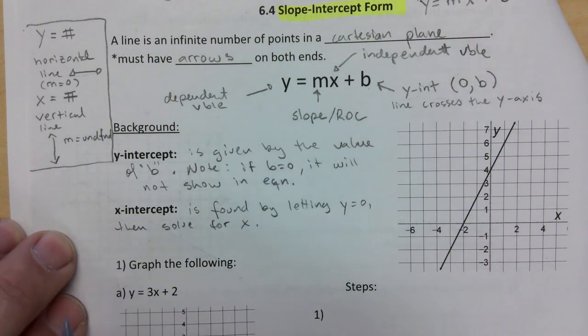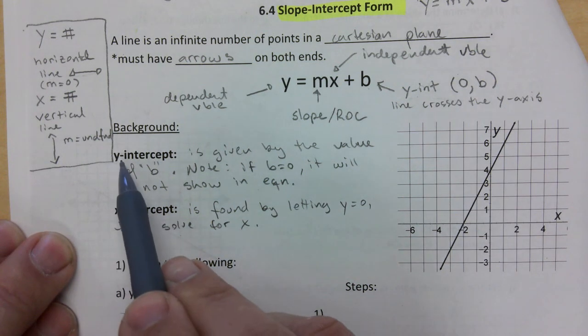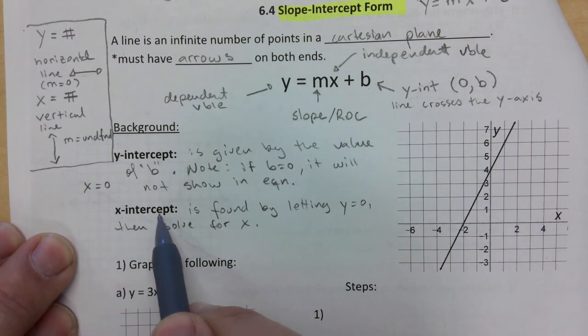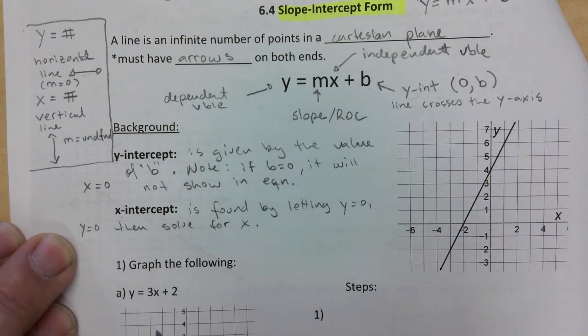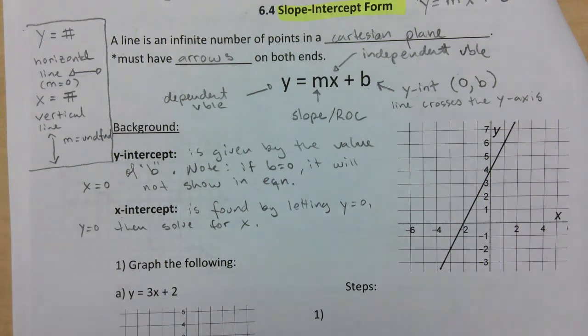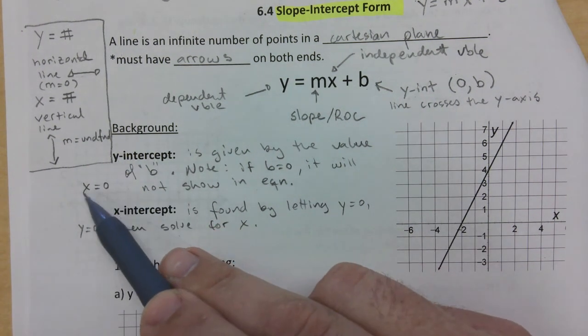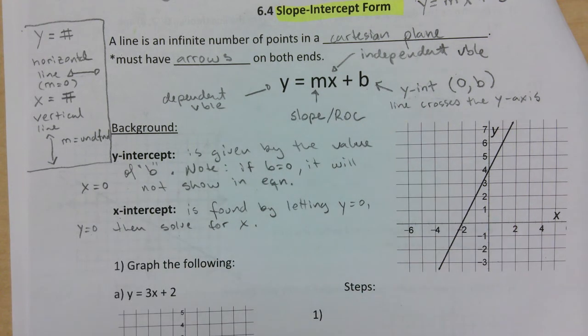And remember still, to find the y-intercept, you let x equal to 0. To find the x-intercept, you let y equal to 0. A lot of you on the test, you mixed them up. And you did find out eventually, you just put arrows, like this goes there, this goes there. That's good. So you didn't lose any marks, but some of you didn't find out until you just left it like that. So y-intercept, x is equal to 0; x-intercept, y is equal to 0.